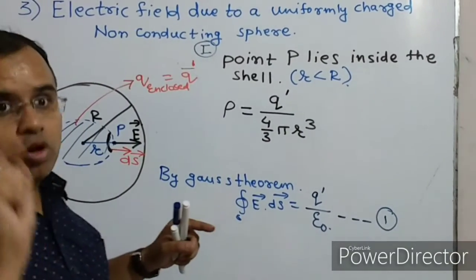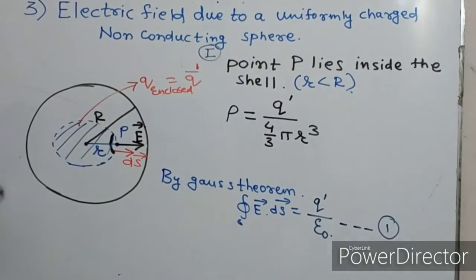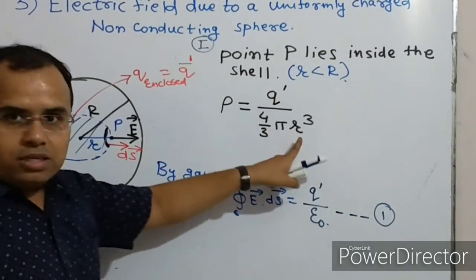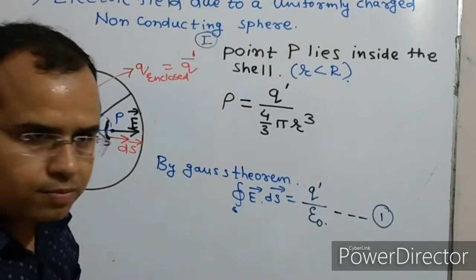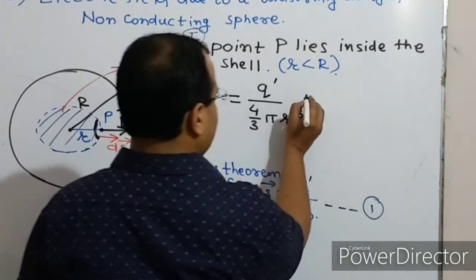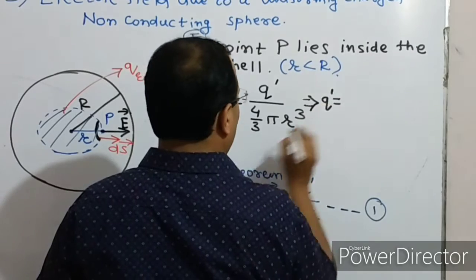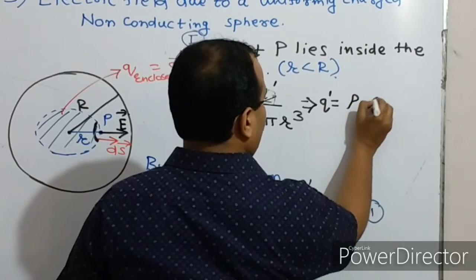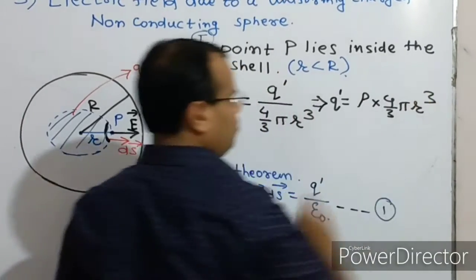Earlier we took q upon 4/3 pi capital R cube, because at that time we were considering the entire charge. Now we are considering only charge q dash, so we take this. Is it clear? This implies q dash is equal to rho into 4/3 pi small r cube.